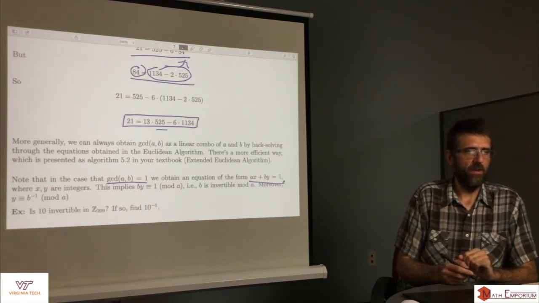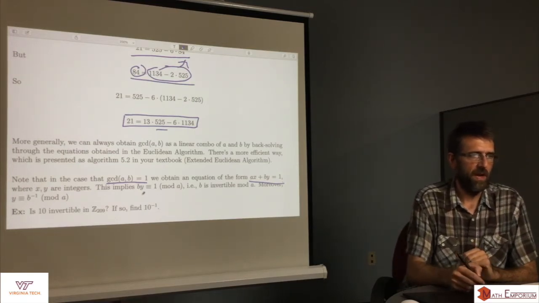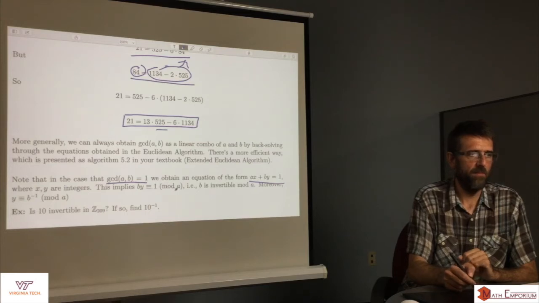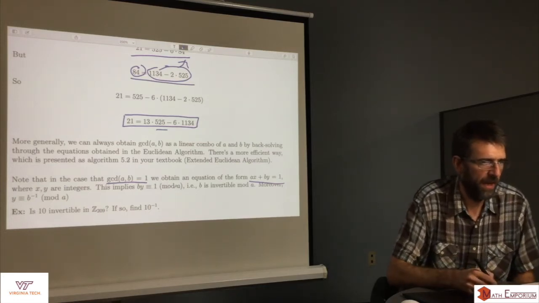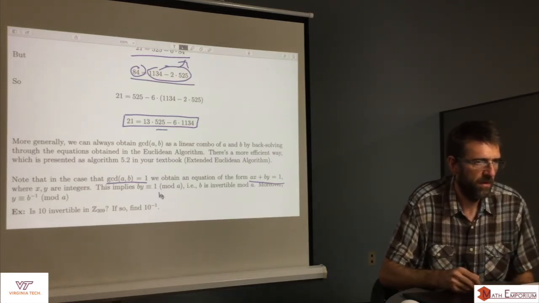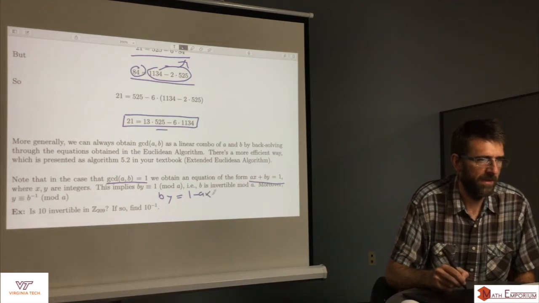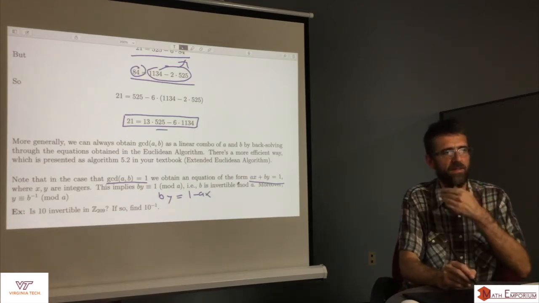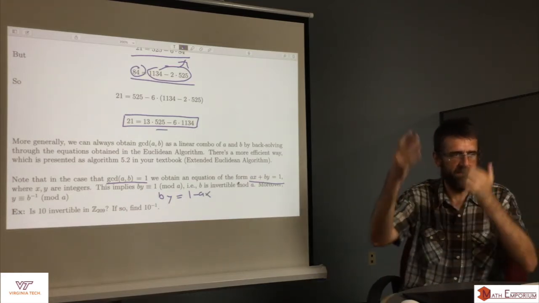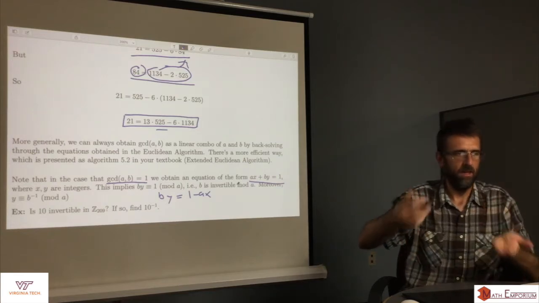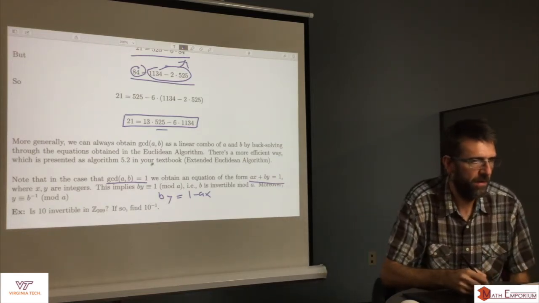And so that's going to imply that b times y is congruent to 1 mod a, because by is going to be 1 minus ax. And remember, the idea is when we're working mod a, we're essentially allowed to annihilate anything that's a multiple of a.